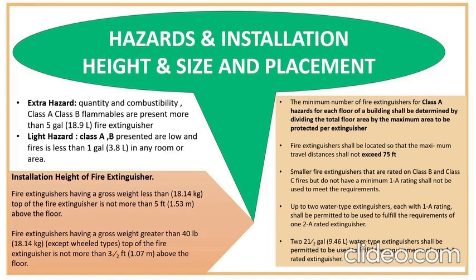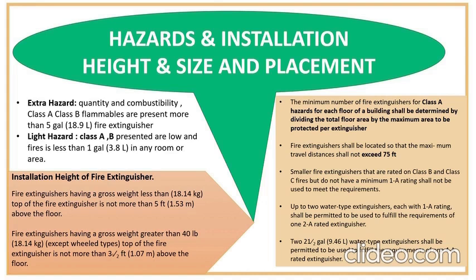In a light hazard area, where A and B type fires present are low and the fire is less than 1 gallon, which converts to 3.8 liter, it is recommended in any rooms or area.